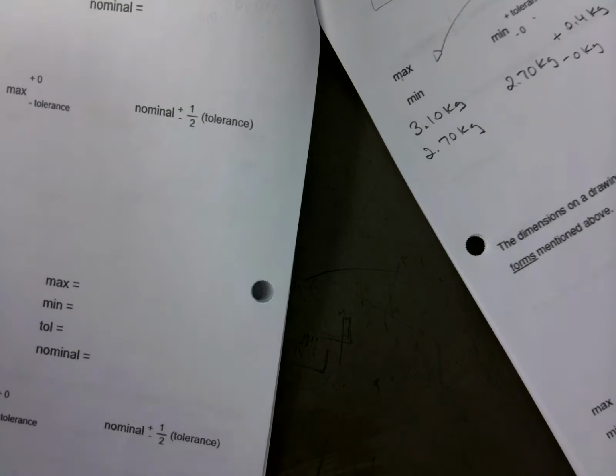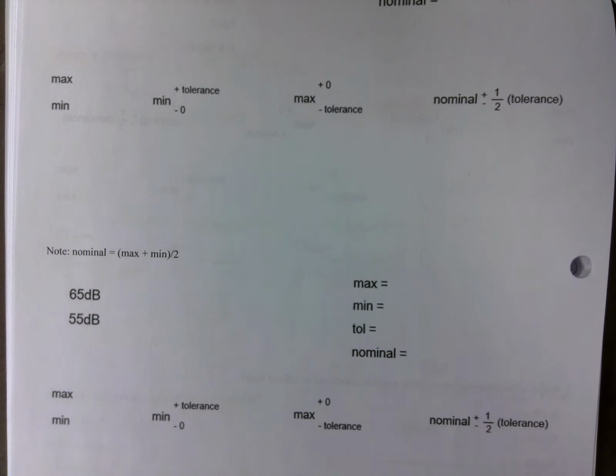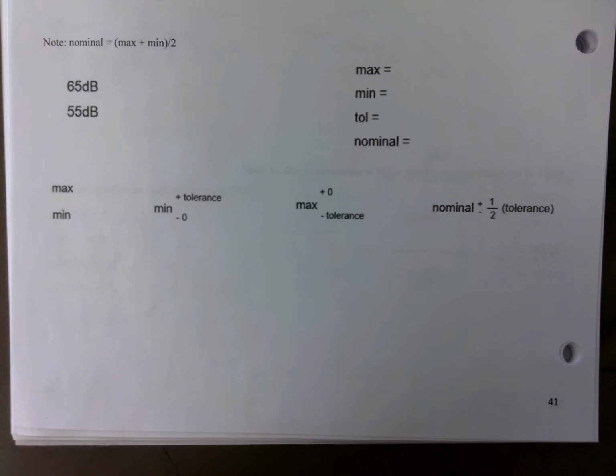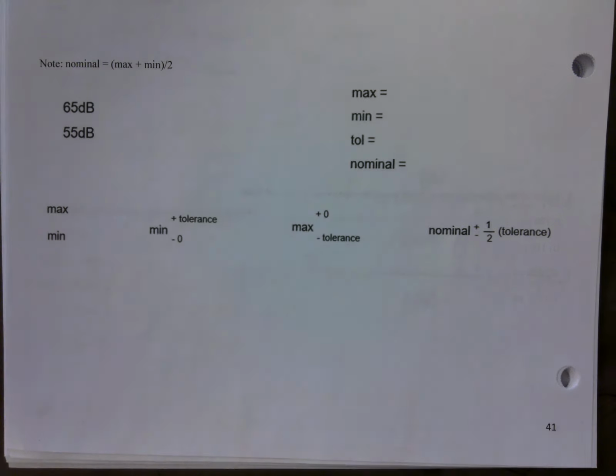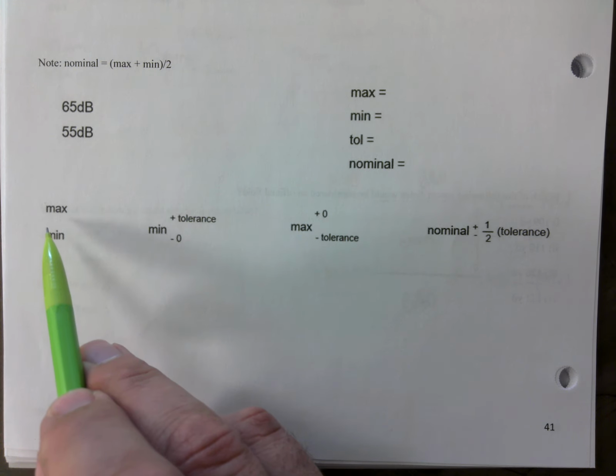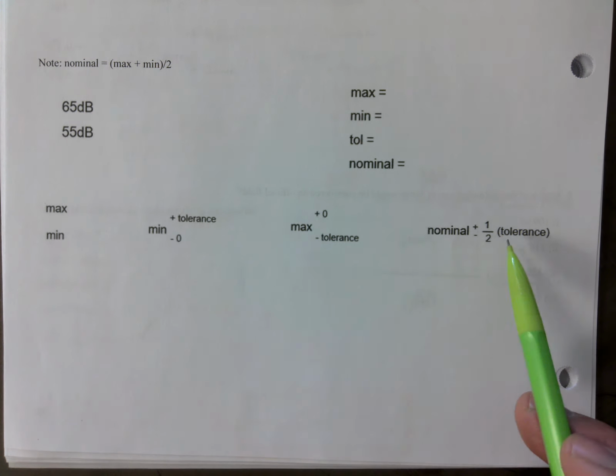41. So we're jumping a little bit. I apologize, but 41, the bottom half. You're given this. You go to your study sheet. Which one does this look like?